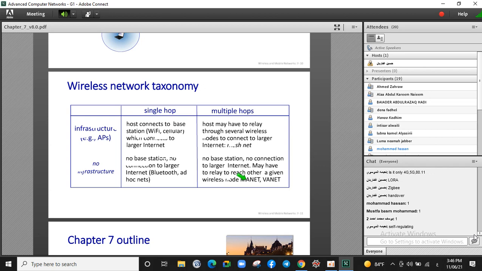MANET means mobile ad hoc network. And VANET is vehicular ad hoc network. It's a network between the cars moving in a street, in a road. The primary application of VANET is safety.